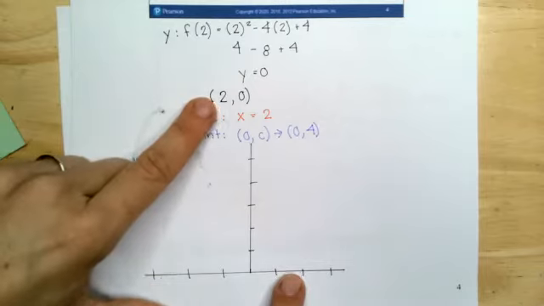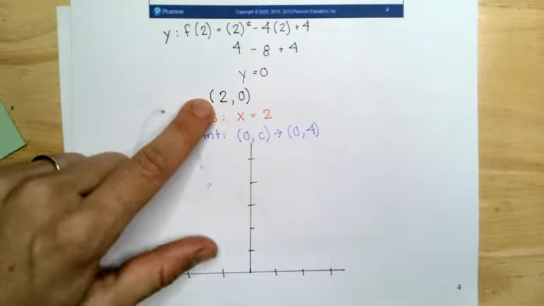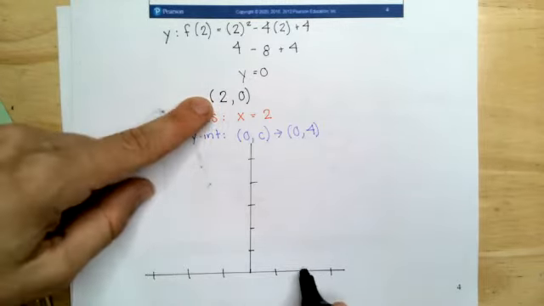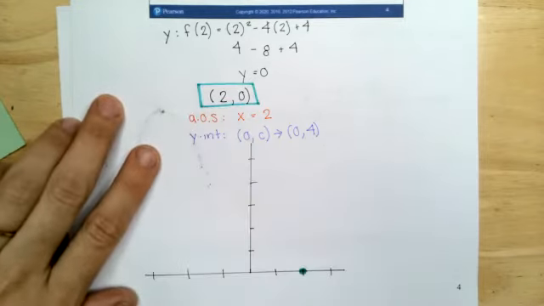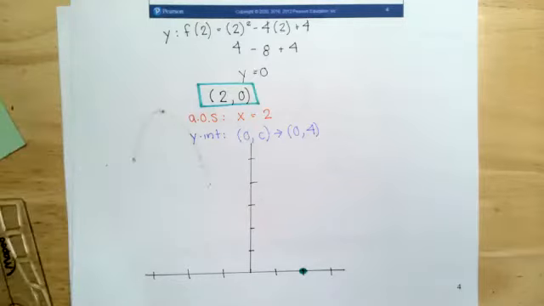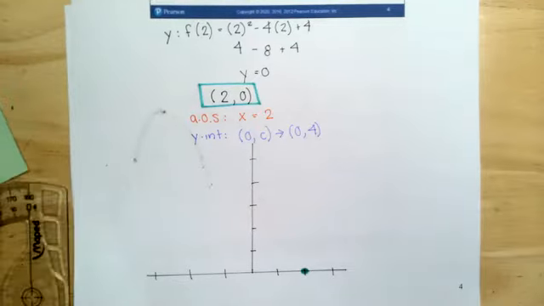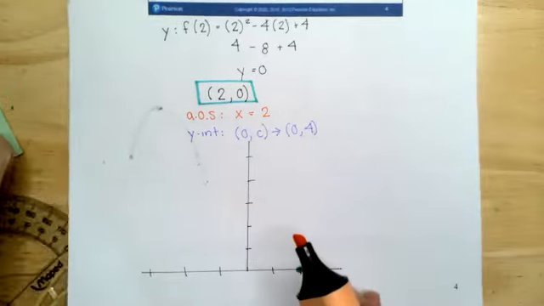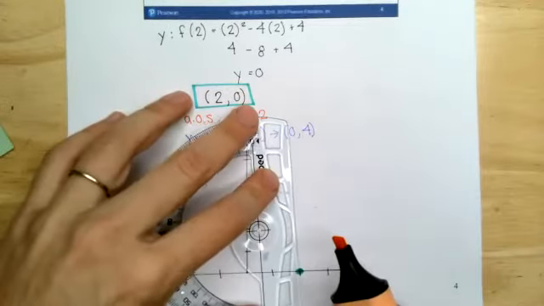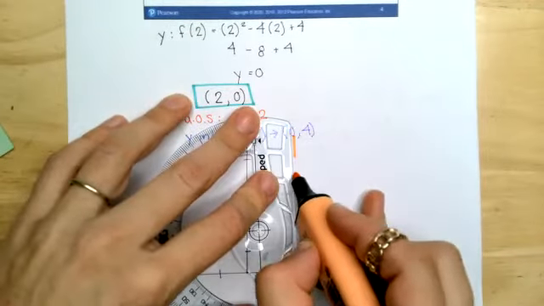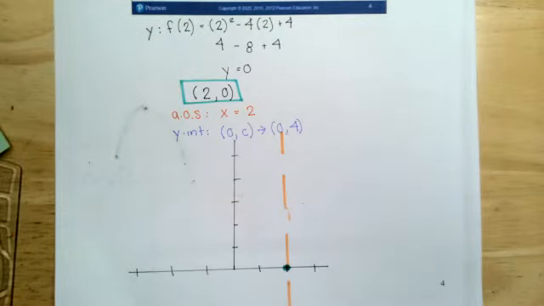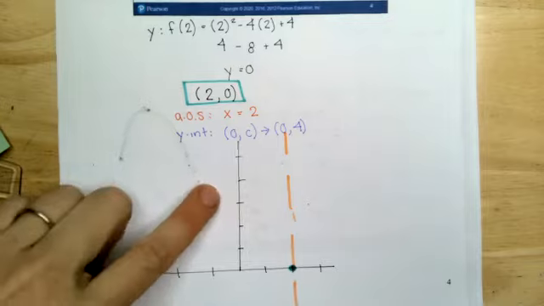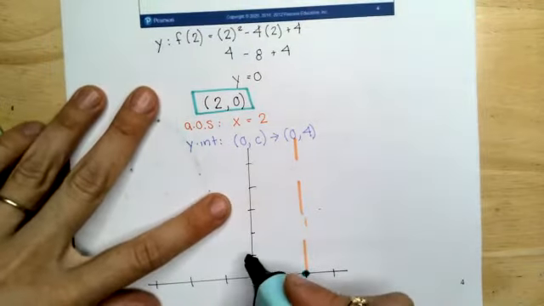All right, our vertex is at 2, 0. So that's my vertex. That means my axis of symmetry is right over it. Good. And my y-intercept is at 0, 4.